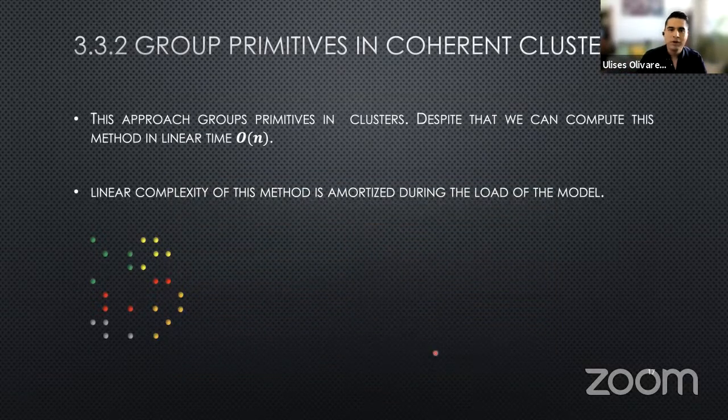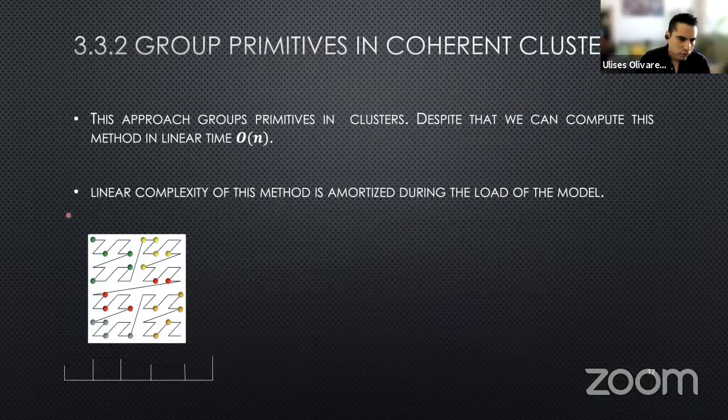So I'm going to describe how we can assign those primitives to coherent clusters. For doing that, we're using a representation called Morton codes. Morton codes are quite interesting because they can compress a two-dimensional representation into a single-dimensional representation. And it would be the same for three-dimensional data or for n-dimensional data. So we have a single integer value that is going to compress all the other dimensions.